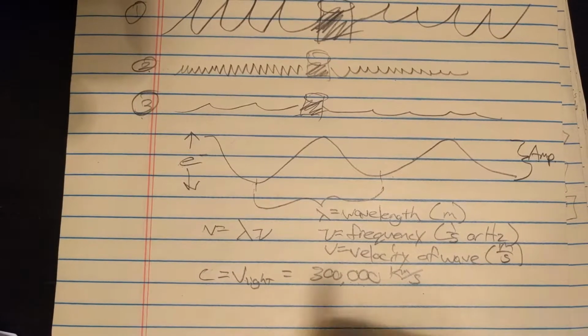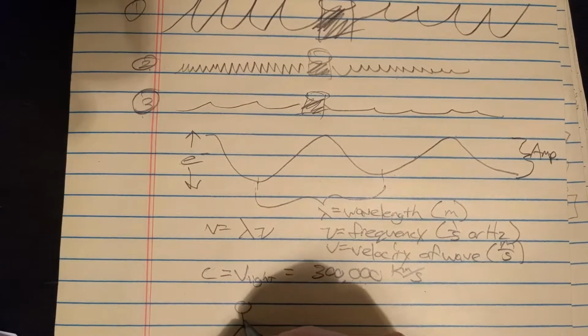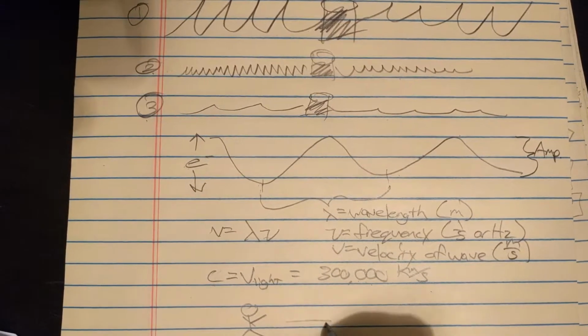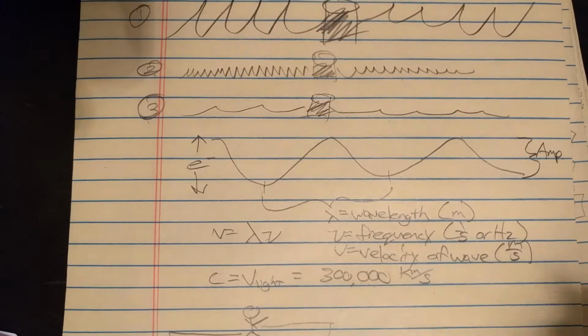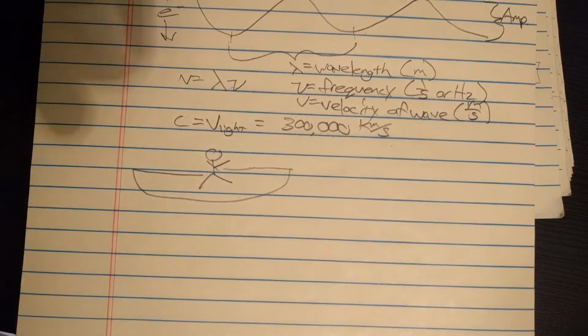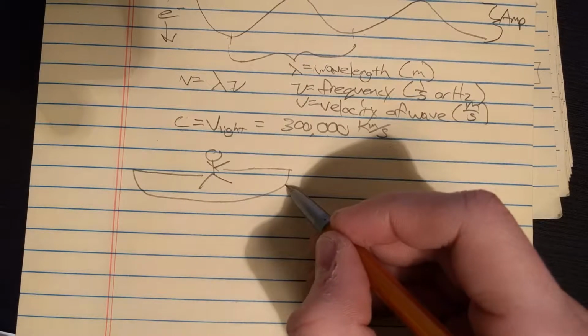So if you think about, you're on a boat, right? I'm not a very great drawer, but okay. We're on a boat. That's our boat. And you're stationary in water.